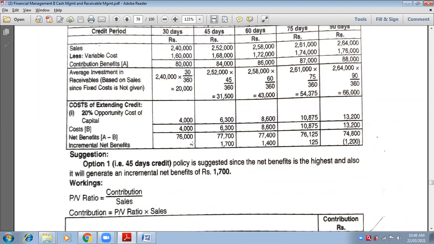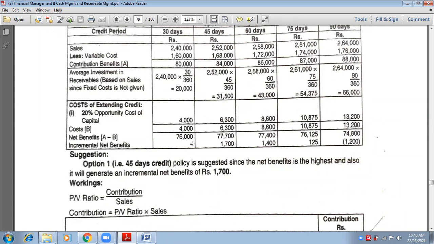1,700. Yeah, how did you calculate 1,700? 77,700, which is the profit of option number 1, minus 76,000, which is the profit of present policy. It means you have to keep comparing with the present policy. Your present policy is giving you the profit of 76,000.